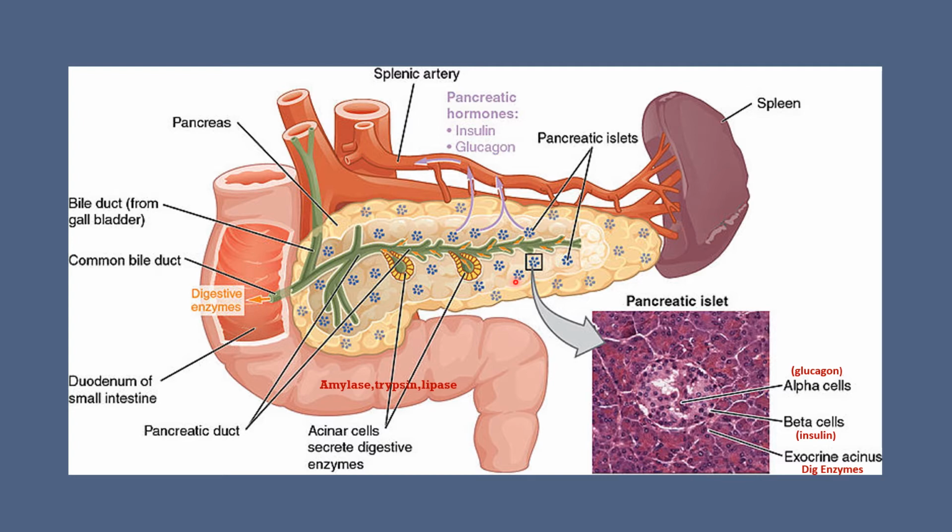The digestive enzymes produced by the pancreatic acinar cells are secreted into the lobules, and finally they accumulate and drain into the main pancreatic duct, which is the backbone of the pancreas. These enzymes are then secreted into the second part of the duodenum at the opening of the ampulla.